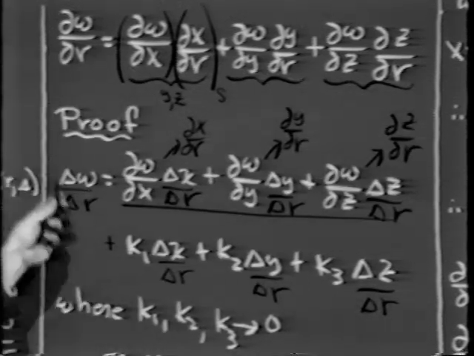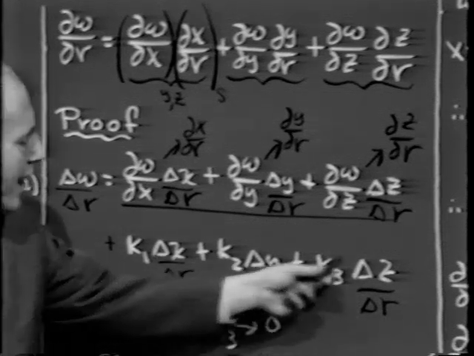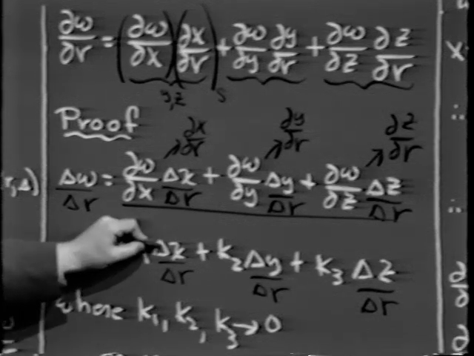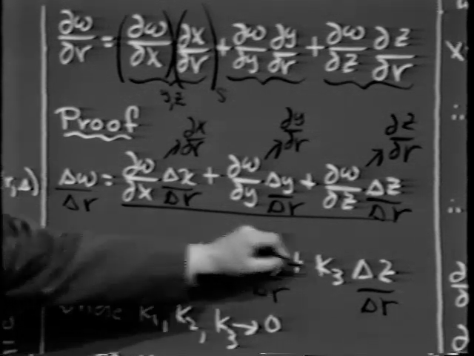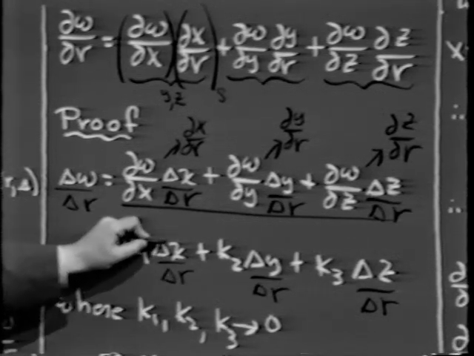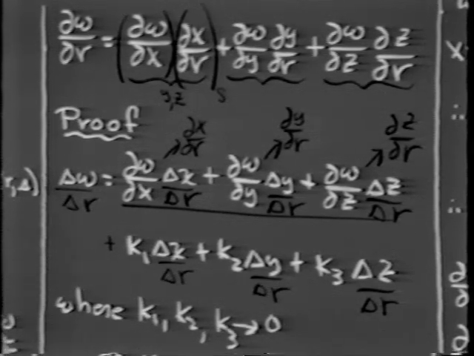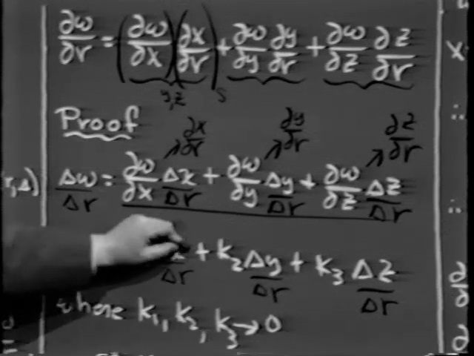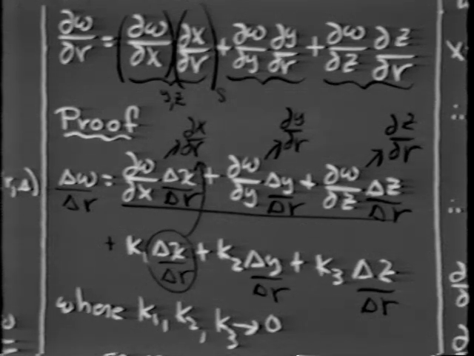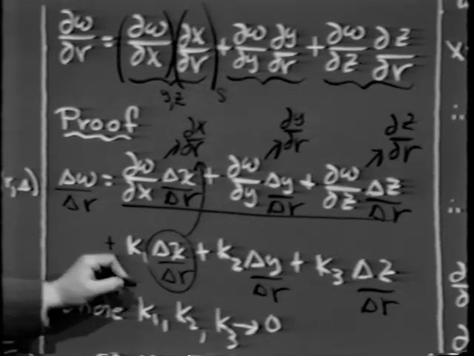By the way, notice that even though delta x, delta y, and delta z are all going to 0 as delta R goes to 0, you cannot immediately conclude that these terms drop out, because after all, delta R is also approaching 0, so delta x over delta R is that 0 over 0 form. In fact, that's precisely the partial of x with respect to R term that we're talking about. The beauty is what?